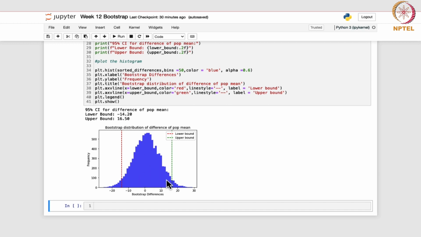Over here you can see that we are 95% confident that the difference of the population means in this case would fall between these two endpoints, which is also evident from the histogram itself, because you can see that 95% is covered. Only this outside region that you have accounts for 5% overall, so it would be 2.5% on each side, because it is almost symmetric in this case.